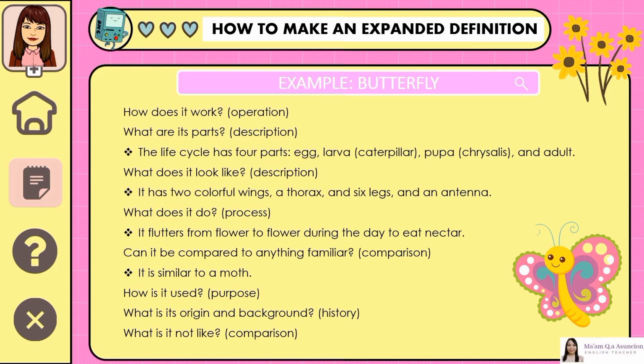What does it do? It flutters from flower to flower during the day to eat nectar. Can it be compared to anything familiar? It is similar to a moth. How is it used? What is its origin and background? What is it not like?